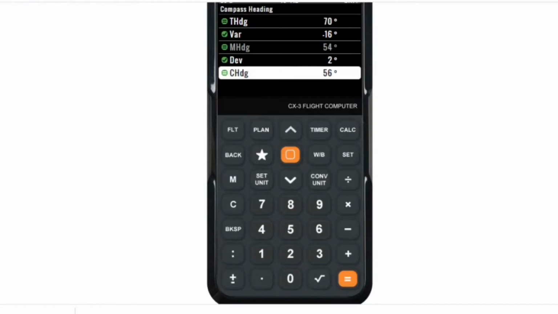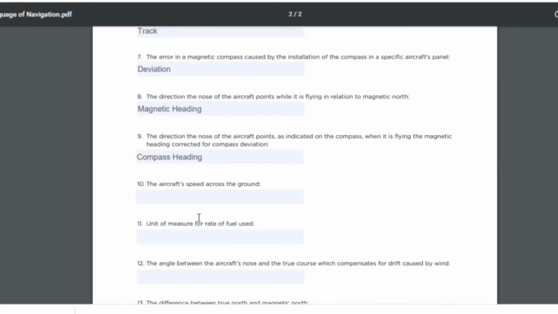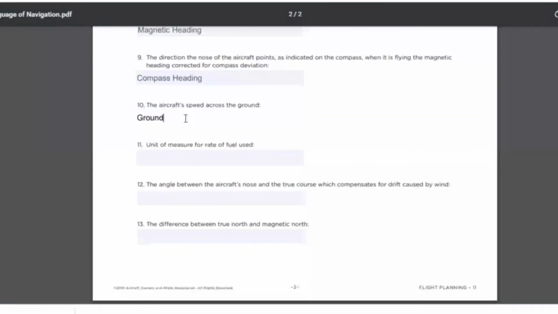So going back to this assignment here to finish these off, not only would your CX3 give you the true heading, but it'll also give you the ground speed, the aircraft speed across the ground. And so when you go to do time, speed, and distance questions, this is the one that you would plug into the CX3.